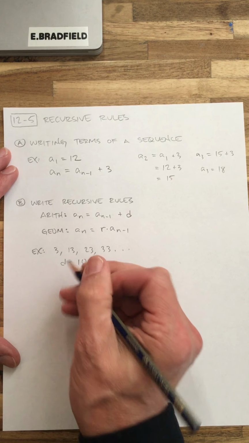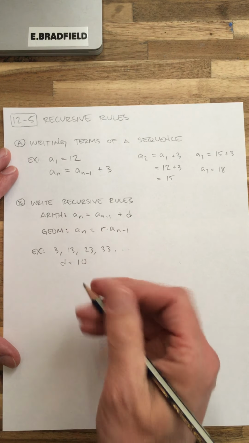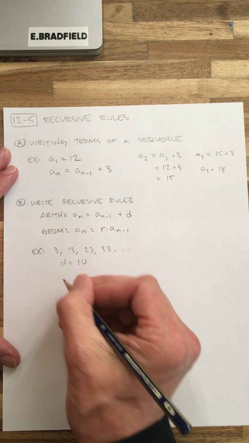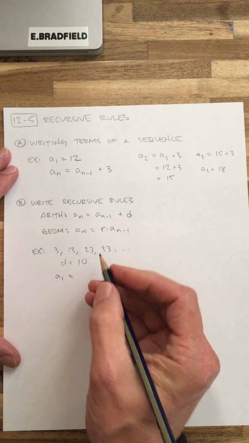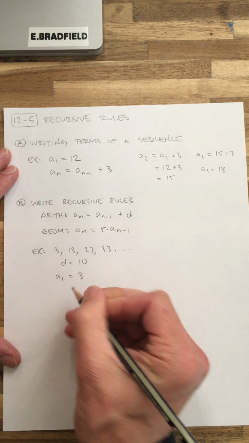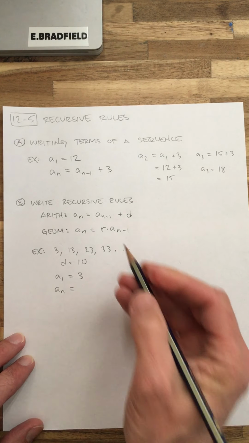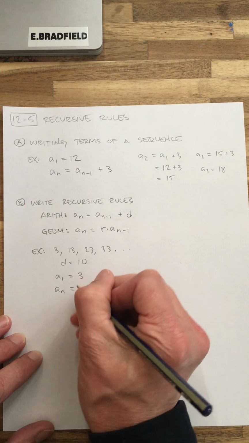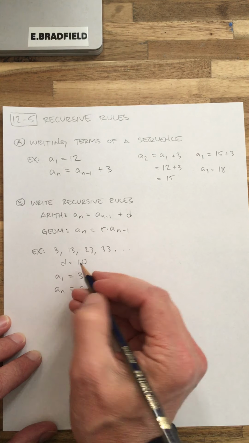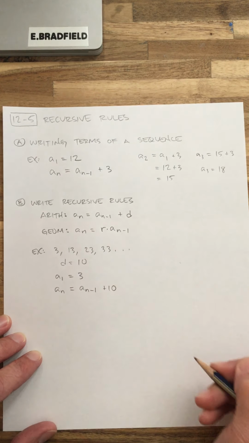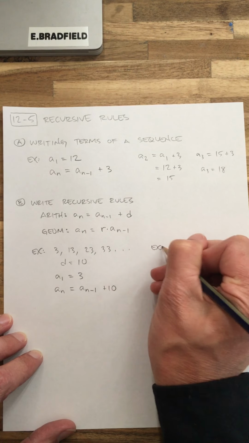You have to state what the first term is. So anytime we're doing recursive rules, you have to state that a sub 1 is going to be whatever it is. It's 3. And then you can say that a sub n is going to be a sub n minus 1 plus d, which in this case is 10.